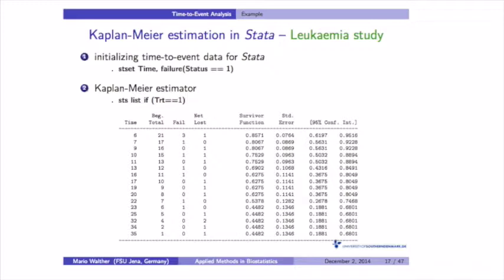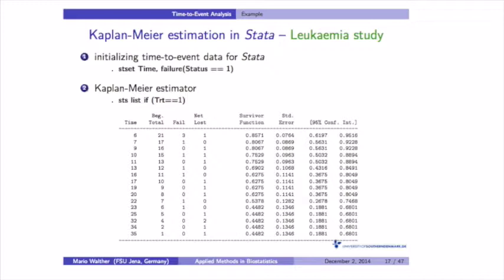So to get the Kaplan-Meier estimator, after you have defined time to event data, you can get it from the sts list command with an if condition. Here if means that we only want to get the Kaplan-Meier estimator for the treatment group. Treatment group was coded as 0 and 1. 1 was the group getting the chemotherapeutic substance, and 0 was the code for the placebo group.